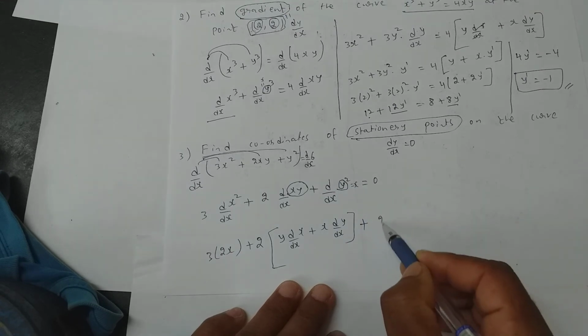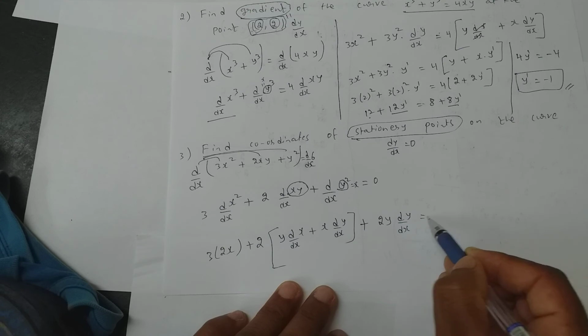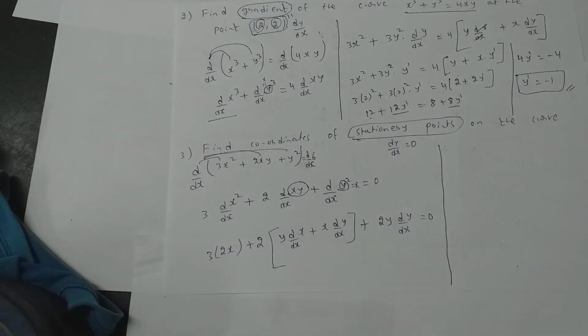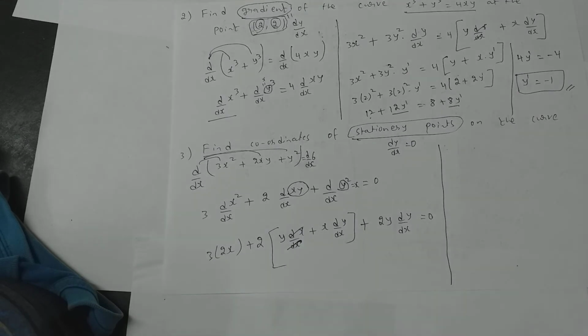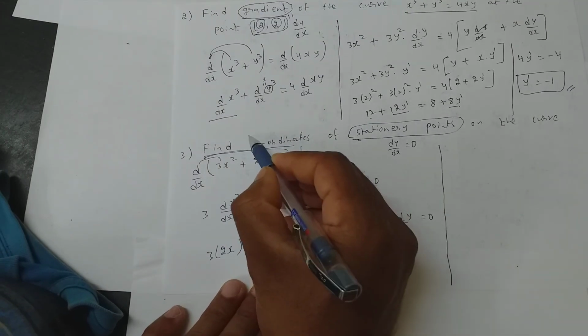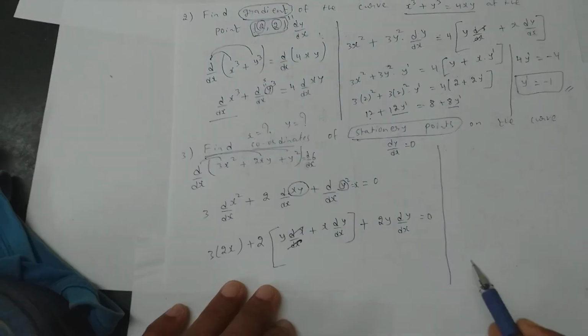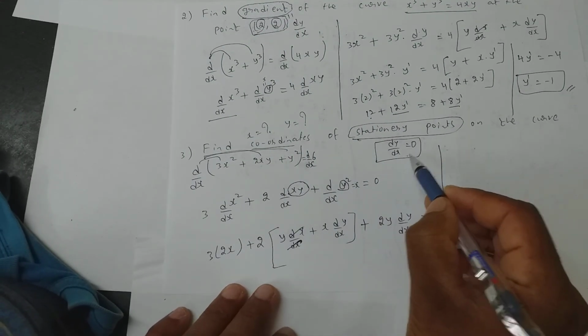So x square differentiation is 2x. So here 2y into d by dx of your assumption equal to 0. Am I clear, students? So what do I get? This and this gets cancelled. Now I want coordinates means value of x equal to how much, y equal to how much do I need. And what do I know? I know dy by dx equal to 0.